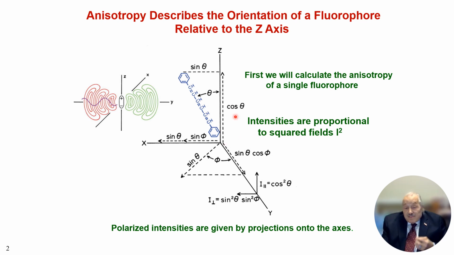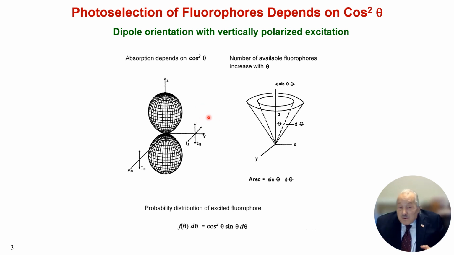So you have to go through this calculation. First, we're going to go through it for a single fluorophore oriented along the z-axis, and then we're going to generalize it to a random distribution of fluorophores. In order to do this type of calculation, you have to take into account the number of molecules present in some d theta value around the z-axis, and that's given by the probability distribution for the excited fluorophores.